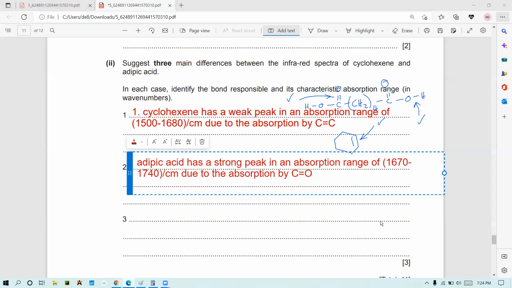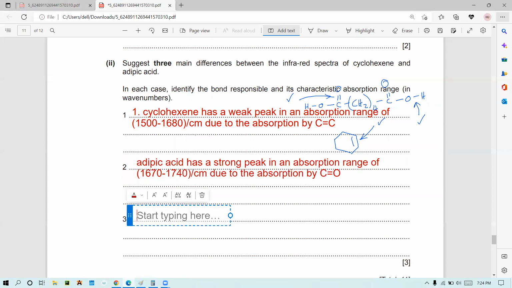My answer. One more difference we can write here.